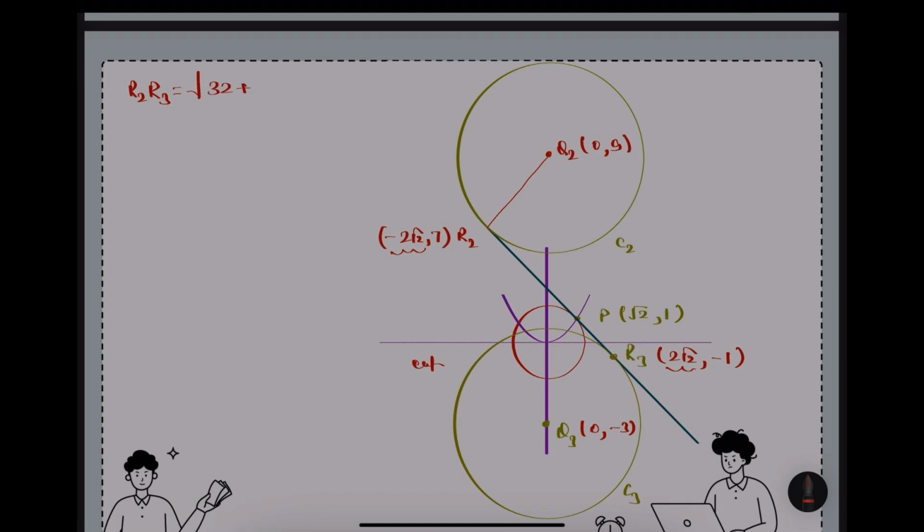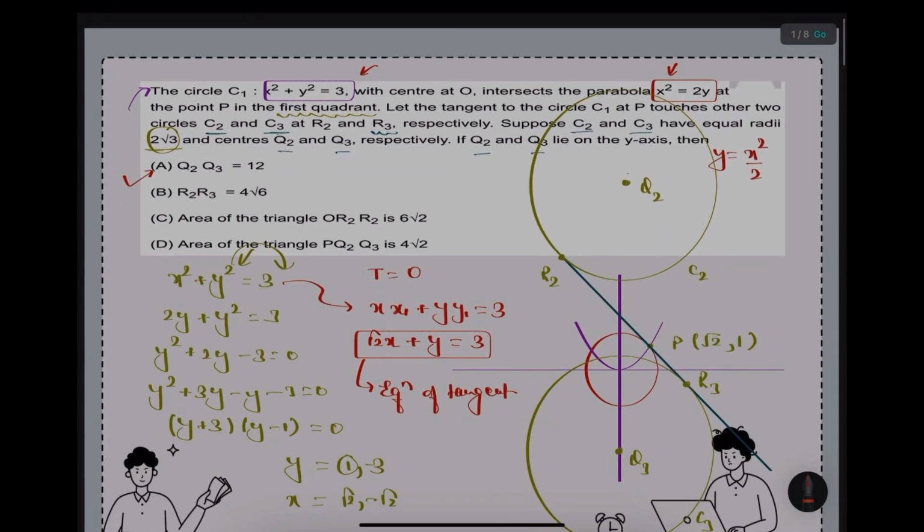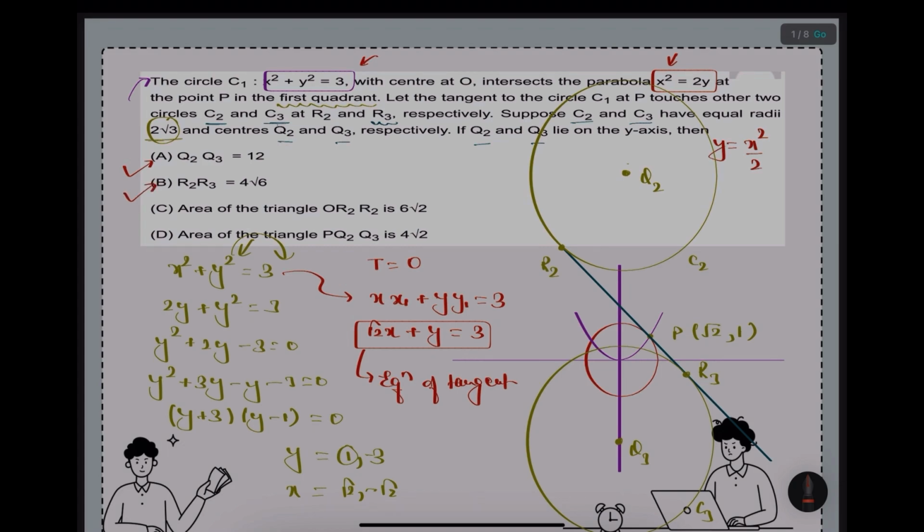Then 7 minus minus 1, so 8 square is 64. So it is 96. Is that okay? Now, can you write this as 16 into 6? So can I write 4 root 6? Correct, no? So R2, R3 is 4 root 6.